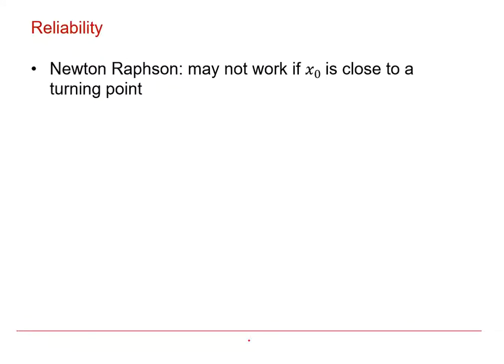Then we've seen with the Newton-Raphson method that if our initial value is close to a turning point, then the tangent is going to shoot off well to one side and could in fact go outside the domain of the function, or could just be too far away from the root to be of any use.